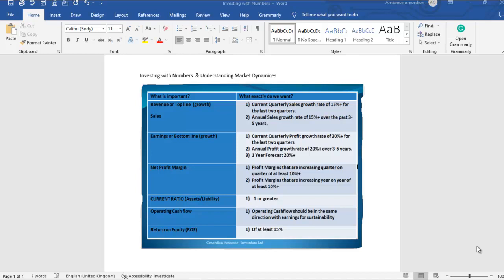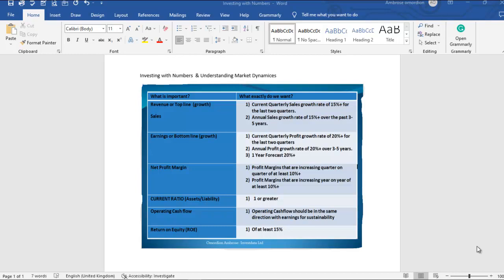For profit margin, it should be increasing quarter on quarter, at least 10% plus, and also year on year, at least 10% plus. You can see most of the companies, especially in the financial sector, have profit margins that tell you how effective and efficient these companies are run.